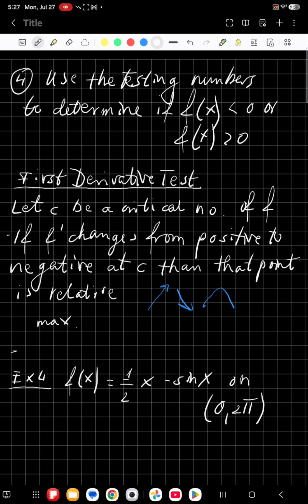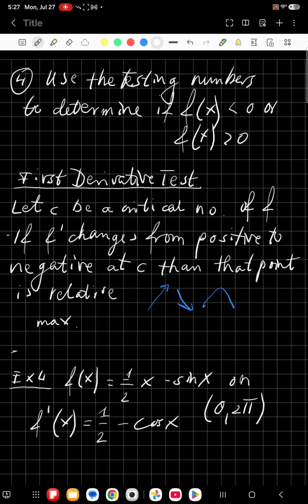Okay, so let's start with the first derivative. So f prime of x will be, we have two terms. Derivative of that first term is just going to be half, so 1 over 2, minus derivative of sine is cosine, so cosine x.